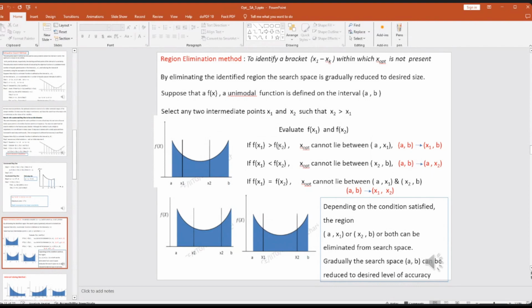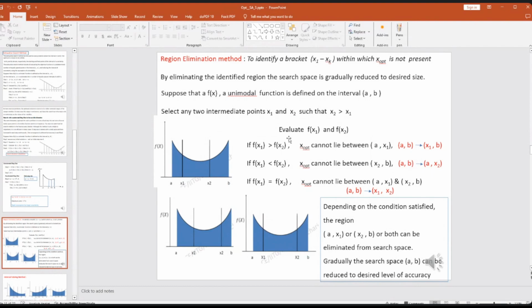That means it is still reducing in the right direction. What does it indicate? x1 is at the left of the minima. Yes, sir. Then we can eliminate the region between A and x1. Do you agree or not? Yes, sir. This is the logic, that we can identify a region which can be eliminated.